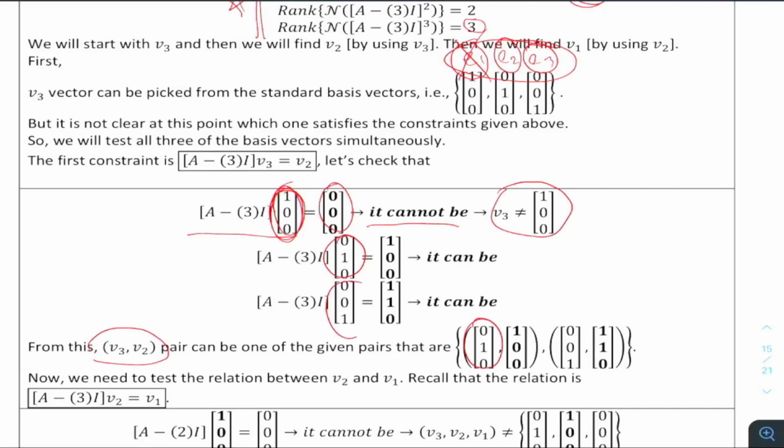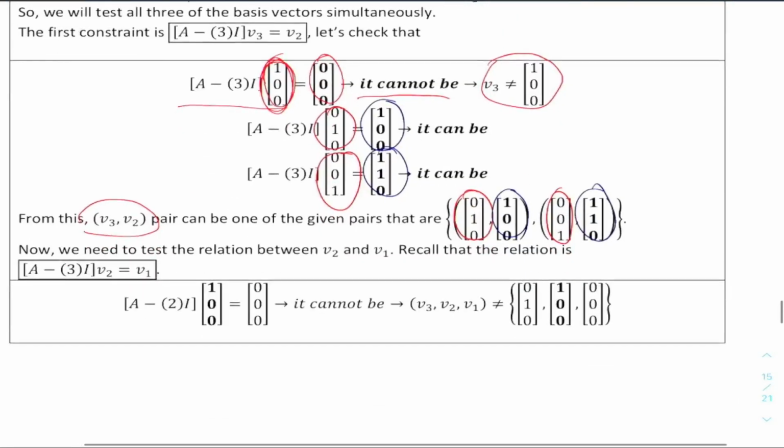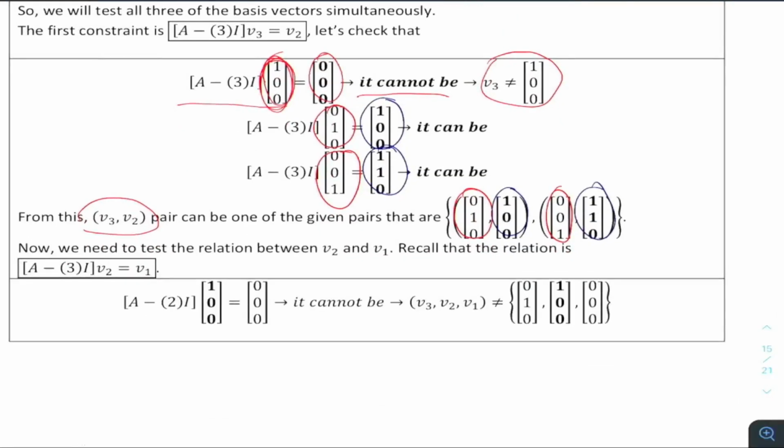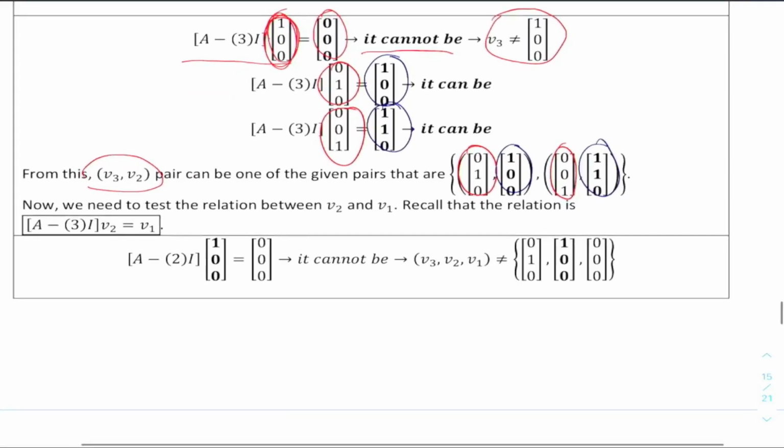Maybe get another color. Okay. This is v2, v2, again v2. So the answer is either this or this. We are not sure, and it is one of those pairs.